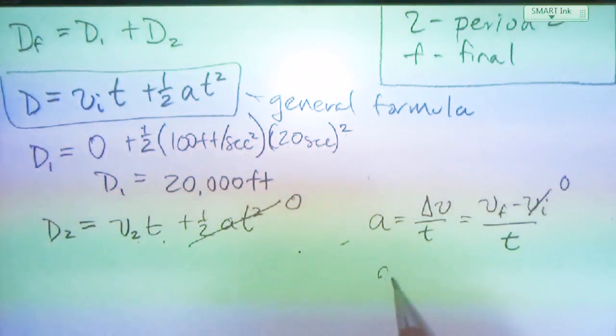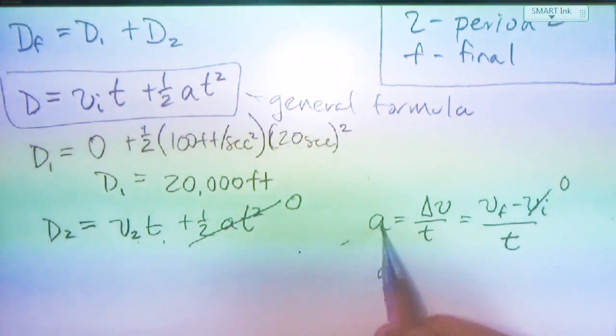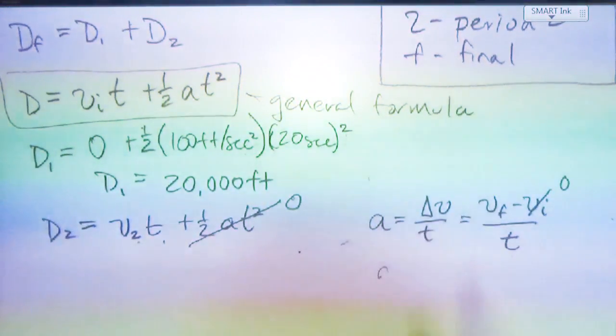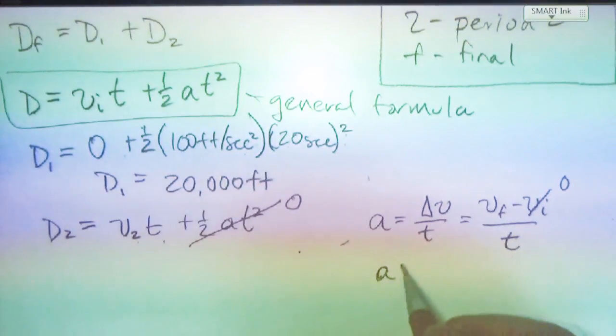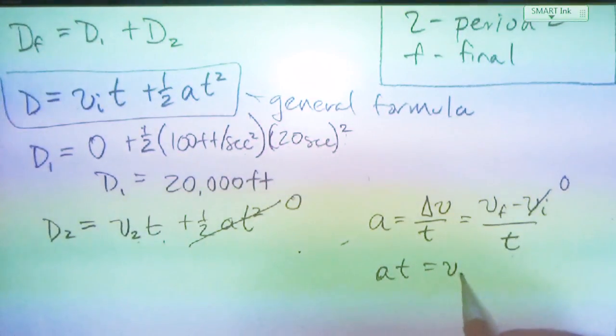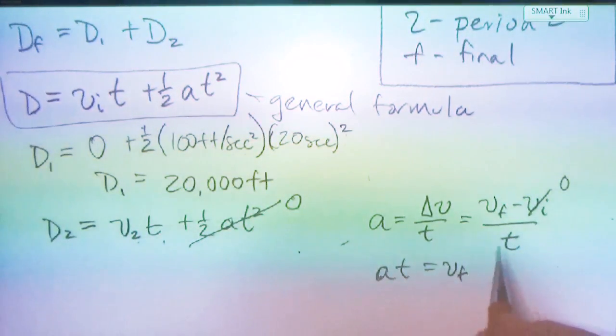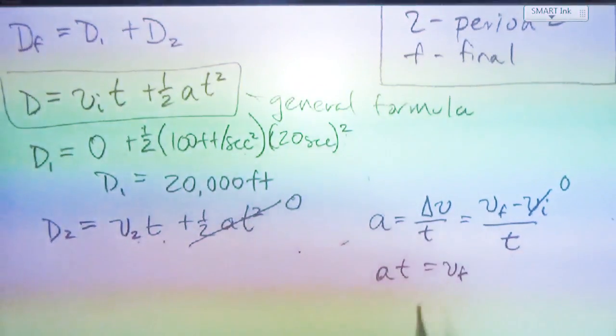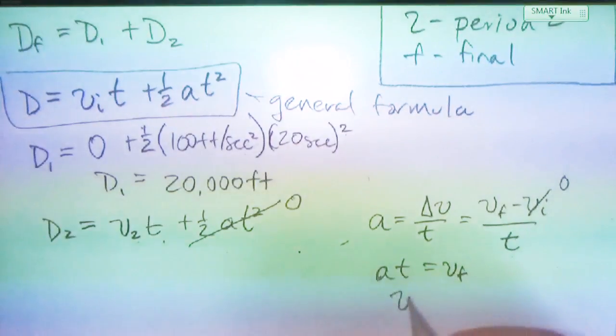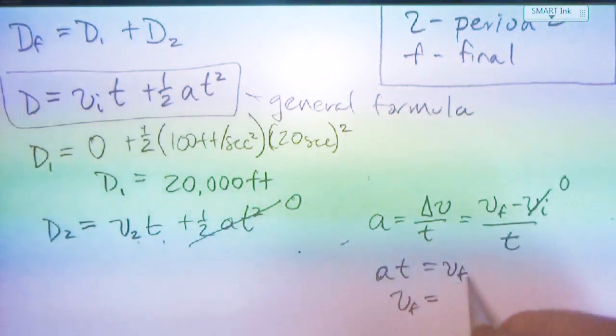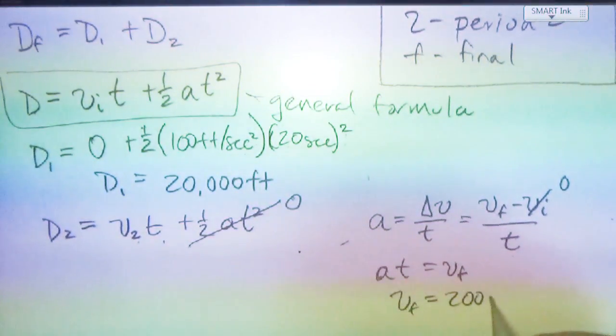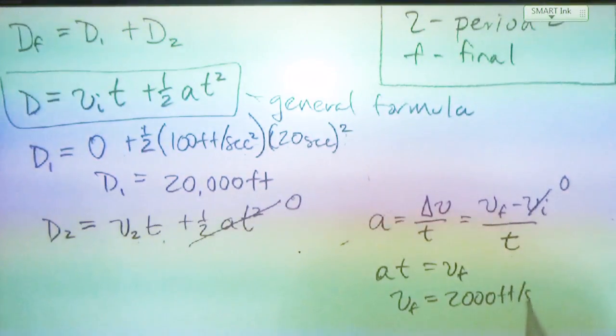So rearranging, we take the acceleration times the time and we'll get the final velocity. Acceleration times the time is equal to the final velocity. Okay? The velocity for that one, okay, is equal to 2,000 feet per second.